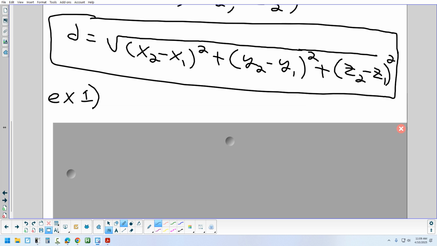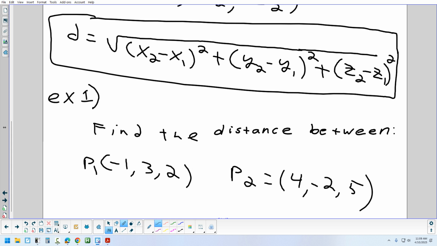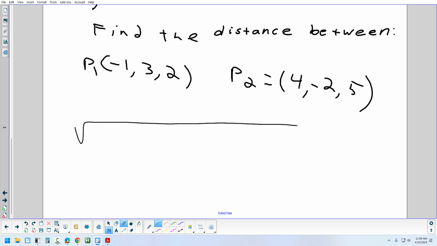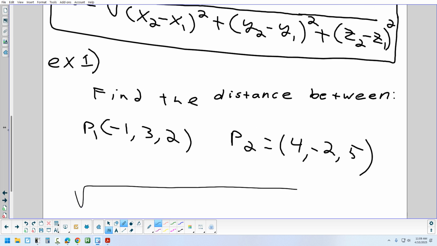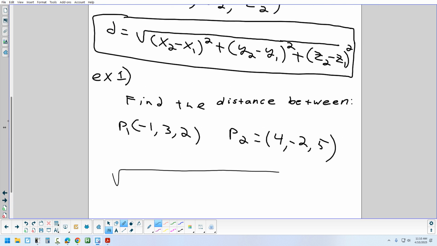Let's see if we can find the distance between those 2 points. Whenever you are using the distance formula, what's the first thing we should usually write down? That's part of the formula. The square root. Yeah, put down the square root because everything has to go underneath that. So we're going to put down the square root. And what's going to be the first calculation that I do in the square root?